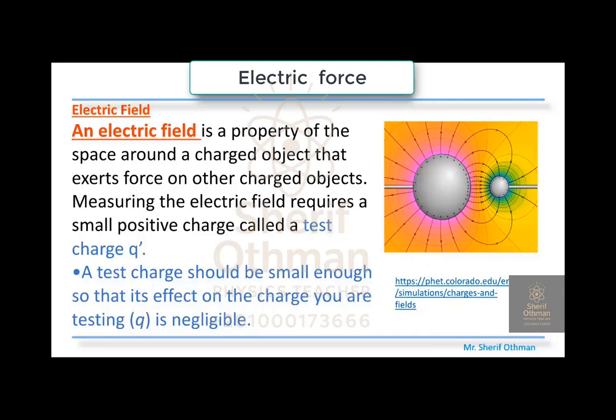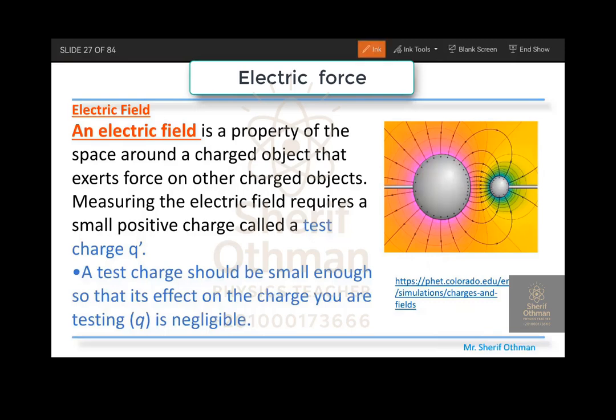So, as we said, the electric field is the area surrounding the electric charge, and the property of the electric charge appears through it. To measure the electric field of a certain charge, you need something that can't affect the field of the charge itself.